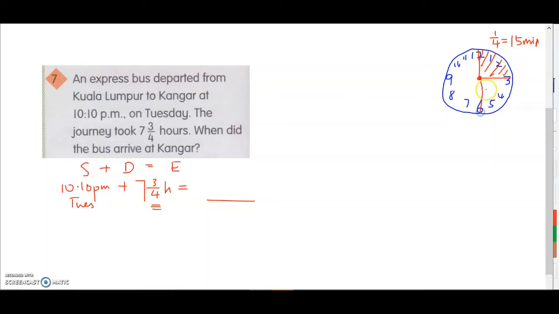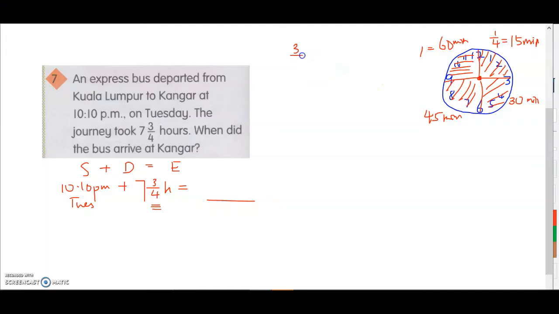So 2/4 or half is 30 minutes. Then 3/4 is 45 minutes. 4/4 or 1 hour is 60 minutes. If you remember this, it is faster.